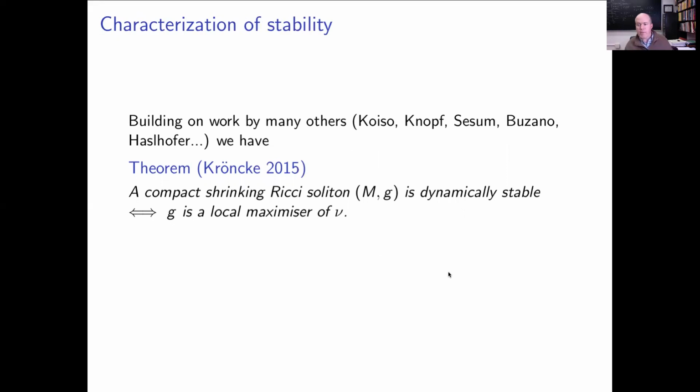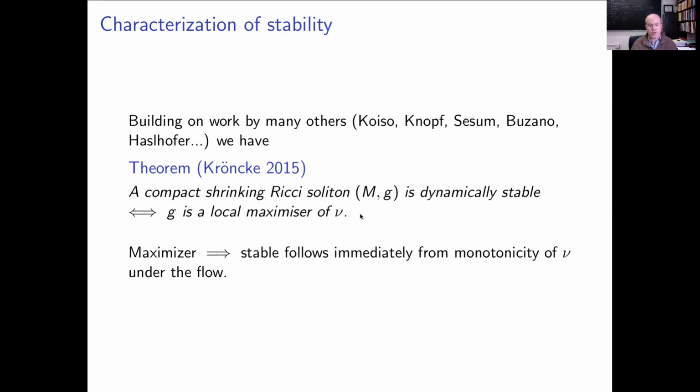Many people have worked on stability, and in particular in recent years, Knopf, Kröncke, Cao, Hamilton, Ilmanen, Haslhofer, and others have worked on it, and there's a very nice characterization of when a compact Ricci soliton is stable. It being stable is equivalent to being a local maximizer of the nu functional. One thing to say is, of course, the implication that being a maximizer implies stable is immediately going to follow from monotonicity of the functional.